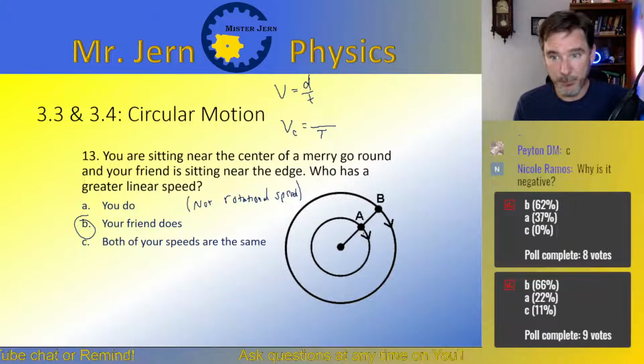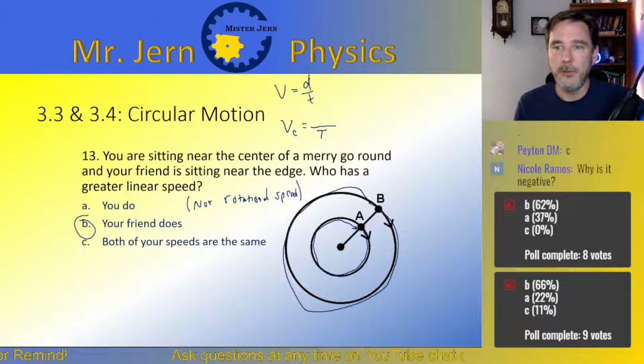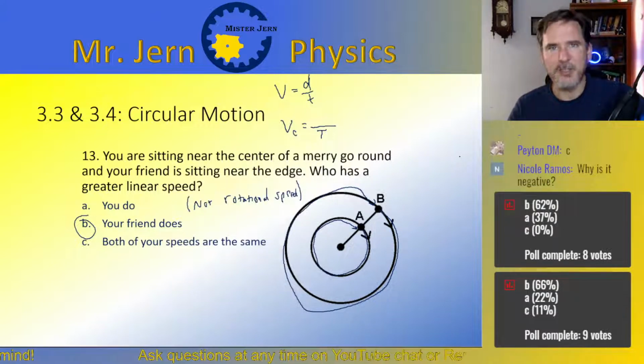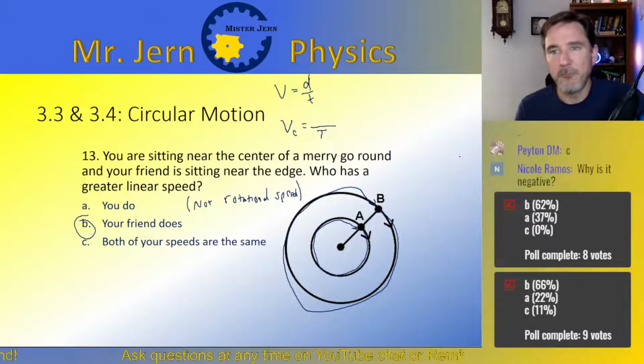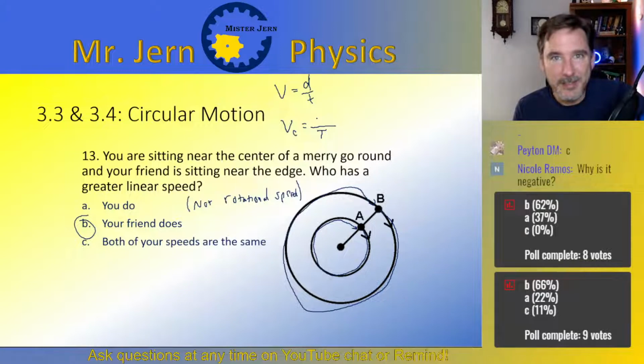Like I said in the previous question, as you go around once, it takes you a certain amount of time. Your friend goes around once, hopefully they stay on the thing. They complete the circle in the same amount of time. You're stuck together on this merry-go-round. So the period is the same, but what's different? It's that distance.